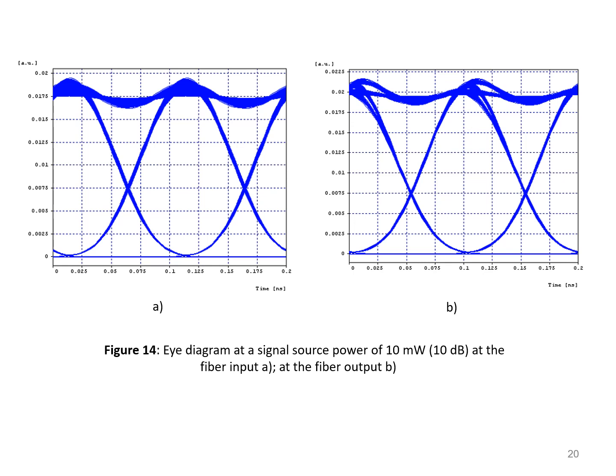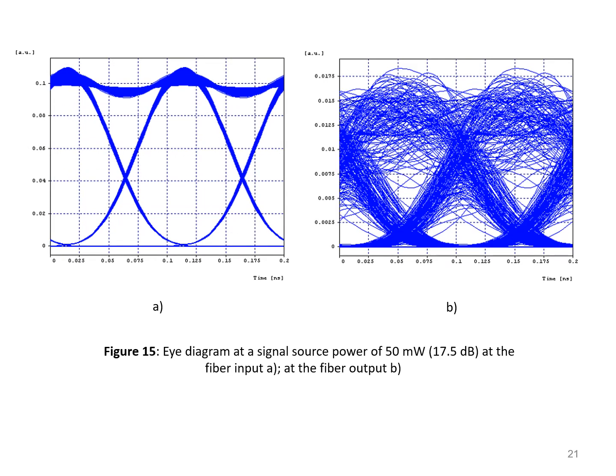This slide presents the eye diagram at a signal source power of 10 milliwatts. Next slide shows the eye diagram at a signal source power of 50 milliwatts. Thus, at an input power of more than 10 milliwatts, a nonlinear mode of operation occurs in the fiber, which leads to distortion of the stored information.